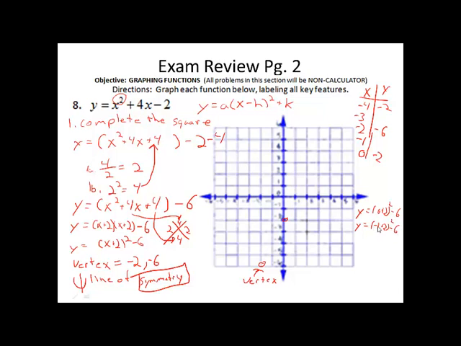Now negative 1 plus 2 is going to be 1, and the square of 1 is still 1. And so 1 minus 6 is a negative 5. And those are my other 2 points. So I have negative 1, negative 5. And I have negative 3, negative 5. I have negative 4, negative 2. And that makes my U.